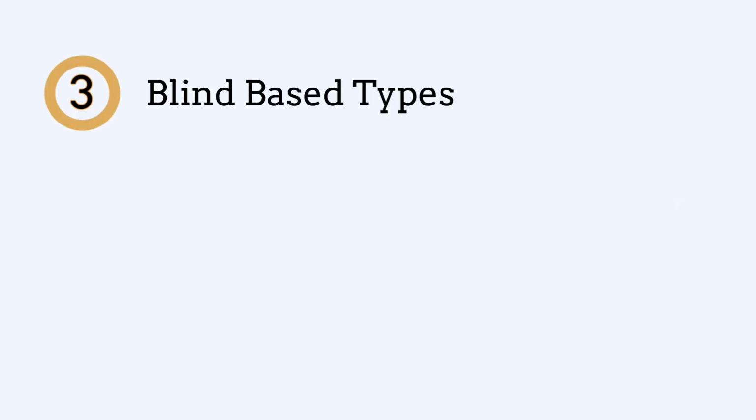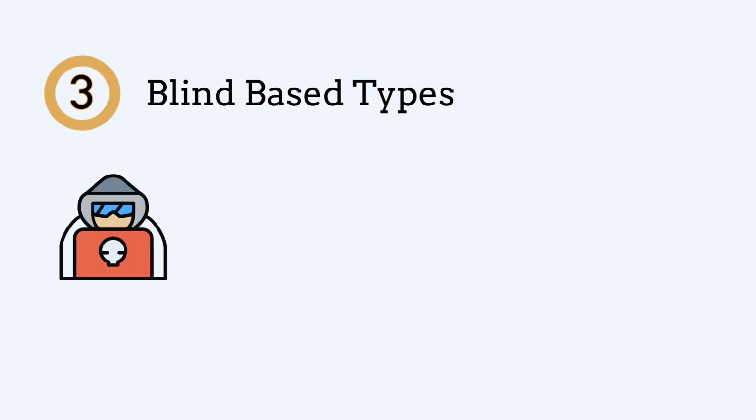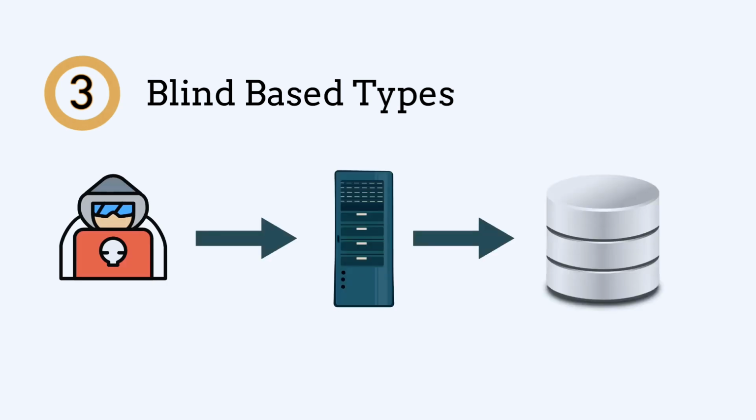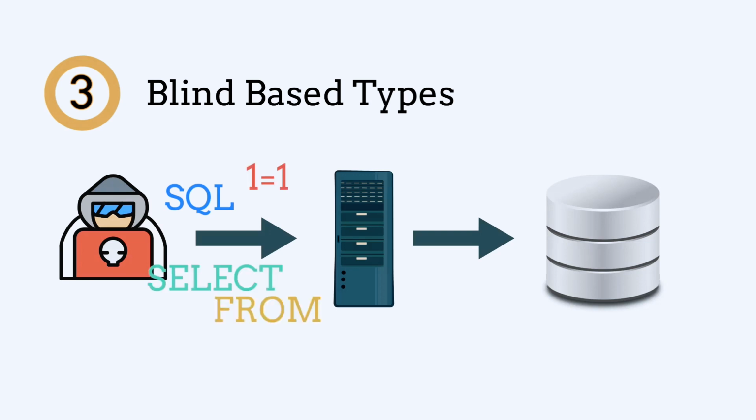Last but not least, we have what's called inference or blind-based. This type of SQL injection works by submitting a SQL query to the database and forcing a response action.